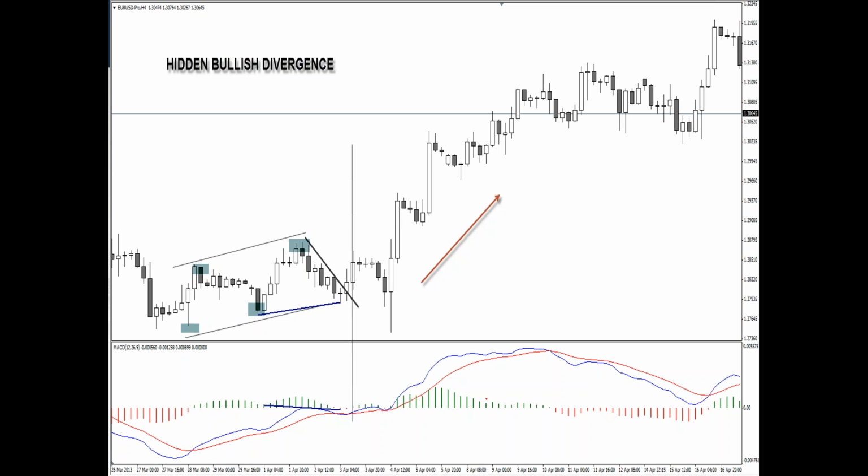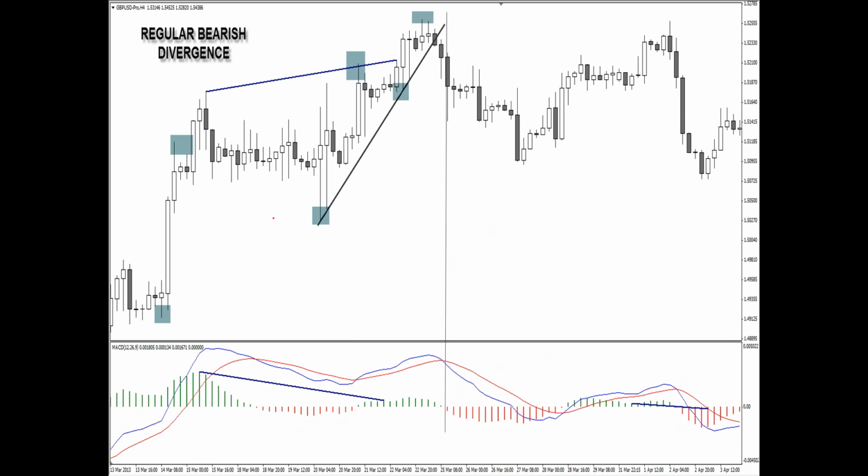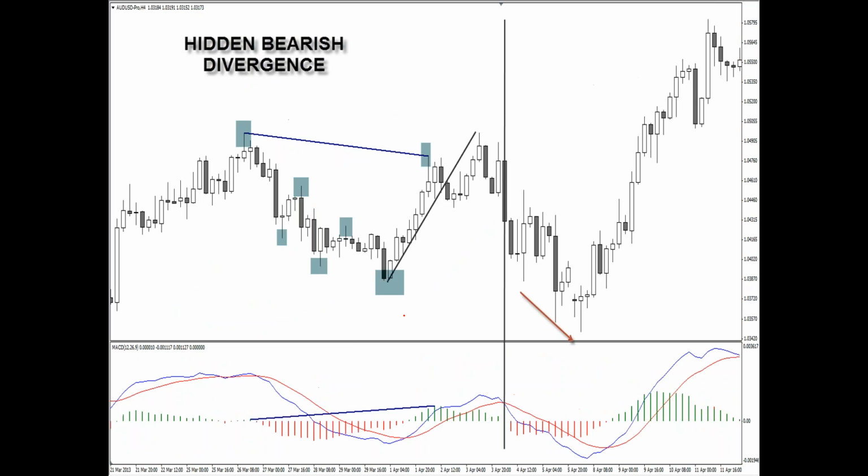Of course, today I use another MACD. I will show you also on my new MACD, and you probably have it, but still, I will show you. But the principle is the same. Regular bearish divergence here. Hidden bearish divergence here. Lower high, a higher high.